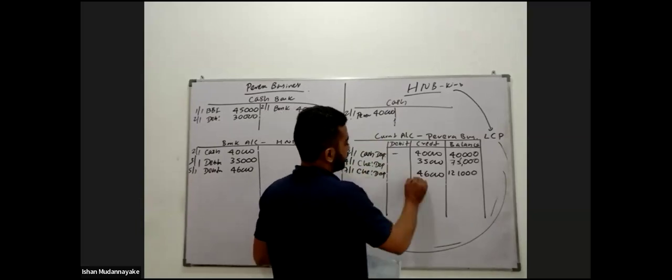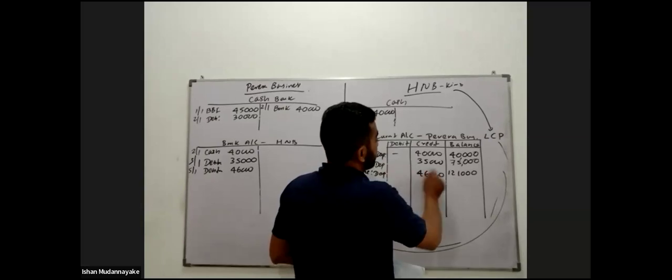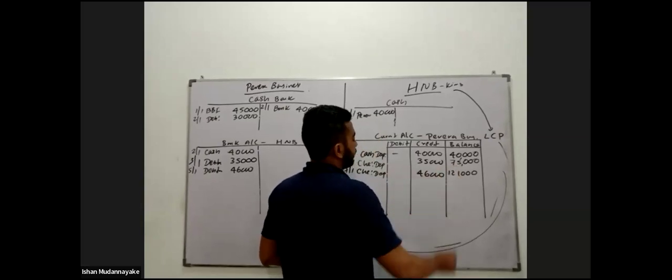Now the balance available in Pereira's account is 75,000 plus 46,000, which is 121,000.